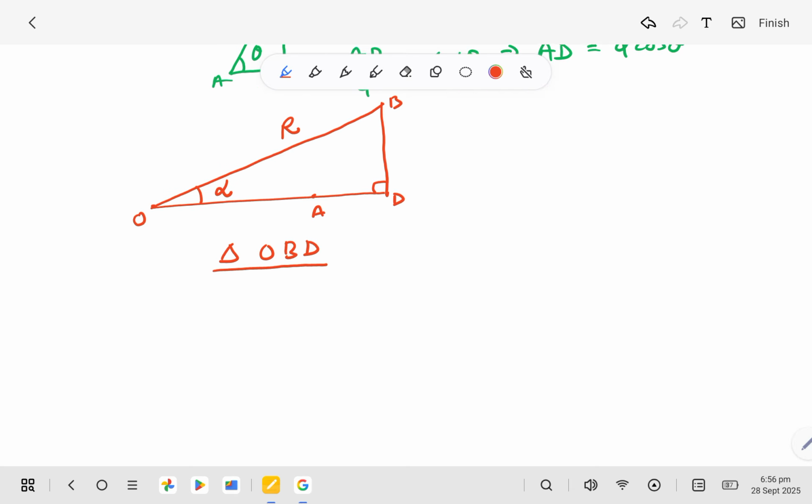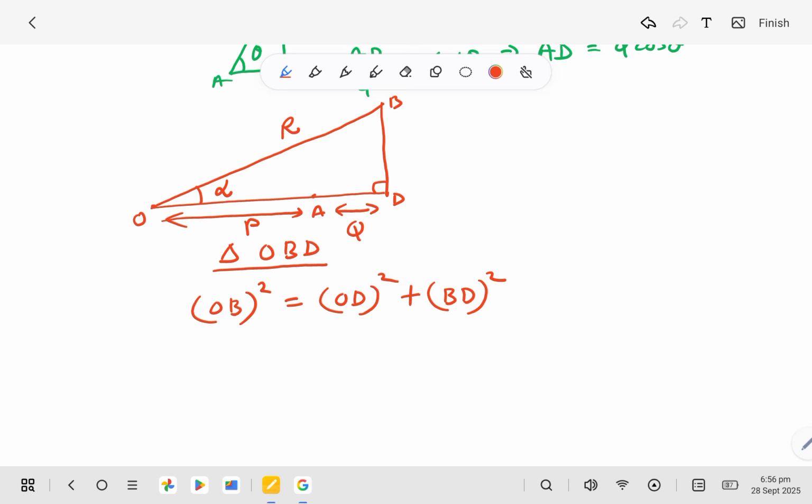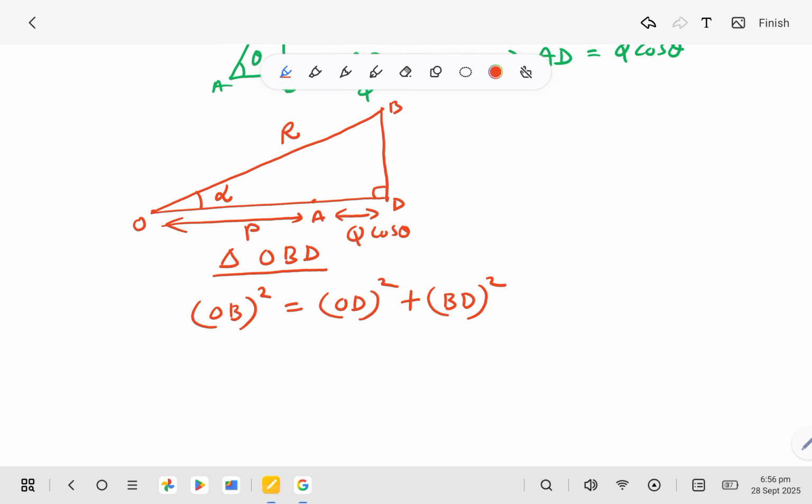So we use the concept of a right triangle, it means the Pythagoras theorem. So OB square equals OD square plus BD square. Okay, and this length OD is P plus Q cos theta, and this length we already estimated, this is Q sine theta.